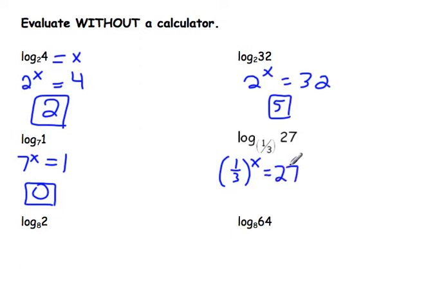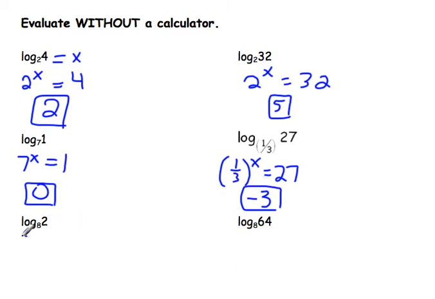In order for this 3 to get back up to the top to give us 27 over 1, you're going to have a negative exponent. But you still think 3 to what power would give us 27? Well, 3 to the third is 27, and it's going to have to be negative to get that back up to the top of a fraction.